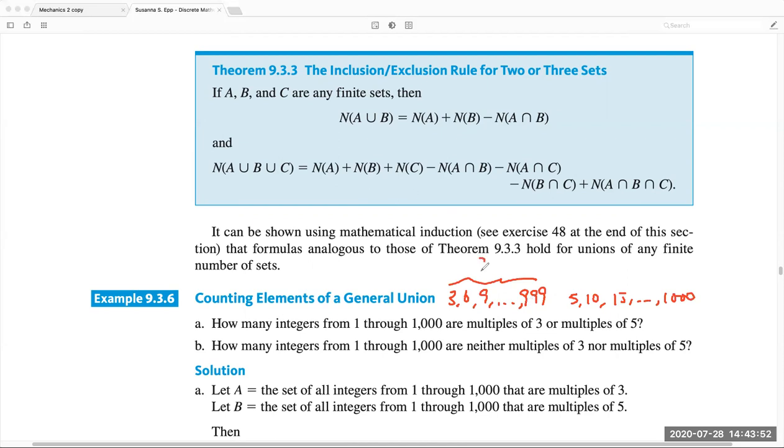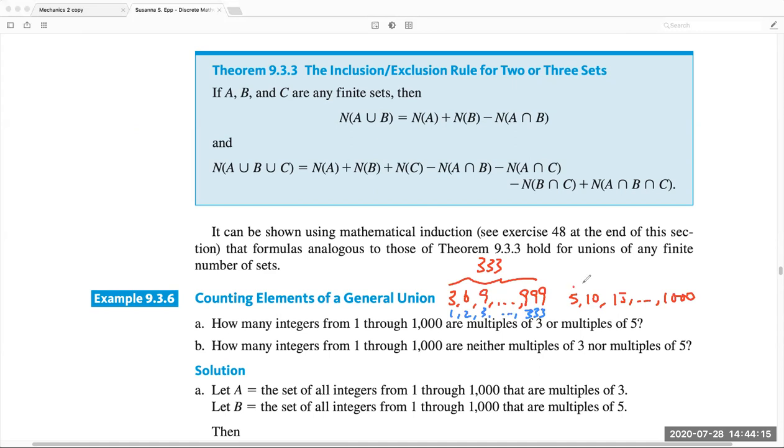Yeah, 333. So how can we look at this more easily? We just divide every number by 3. Okay. Then you know that there are 333 integers in between.